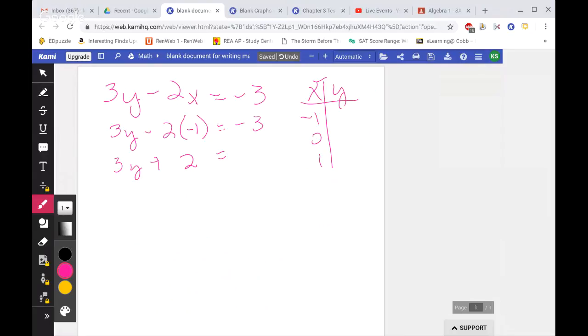It looks like the slope would be 2/3. Yeah, that's what I got. The slope would be 2/3, and the y-intercept would be -1, if I'm doing it right in my head. So yeah, you could definitely do that, and I'm going to do that next. Okay.